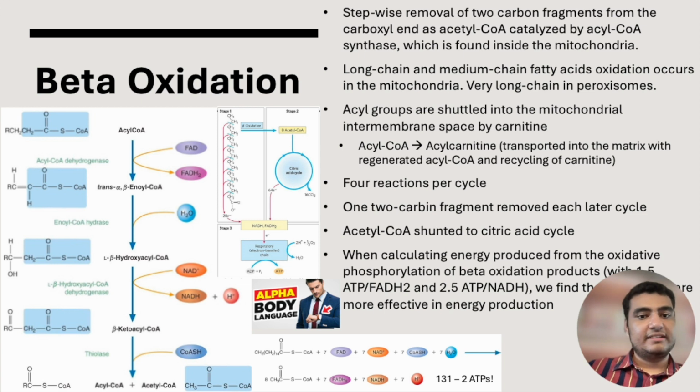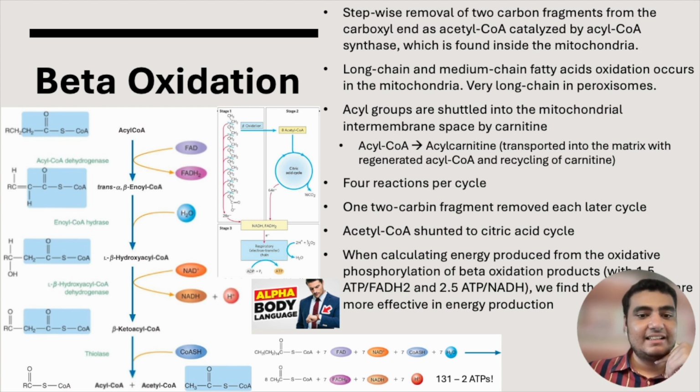So we need to insert acyl CoA inside the mitochondria. However, it cannot enter on its own due to regulatory methods. So we need to bind this acyl CoA to carnitine to form acyl carnitine, which will enter the matrix and then be turned into acyl CoA and carnitine again. And carnitine can exit and bring more acyl CoA inside the mitochondria.